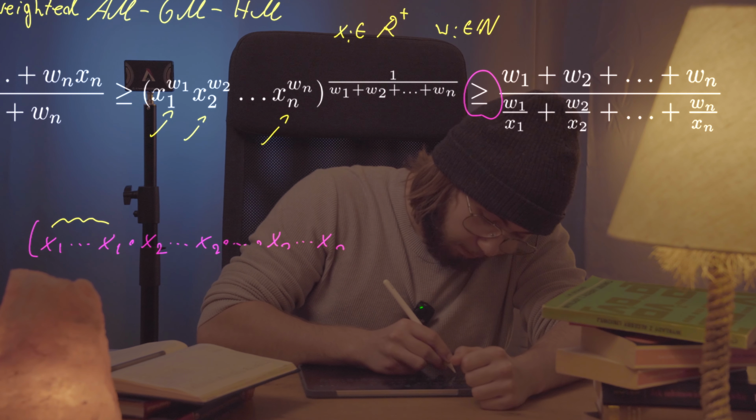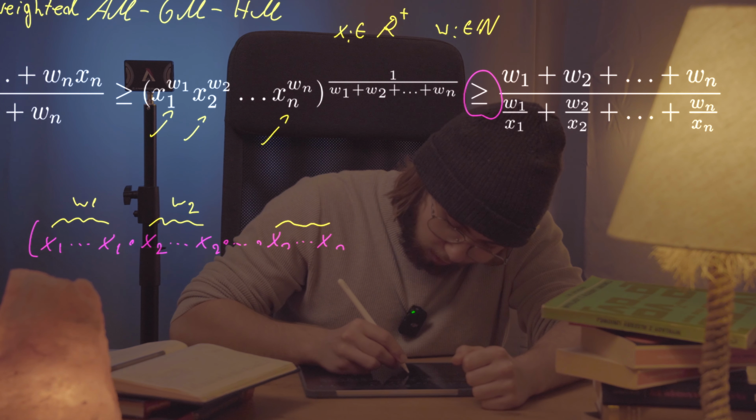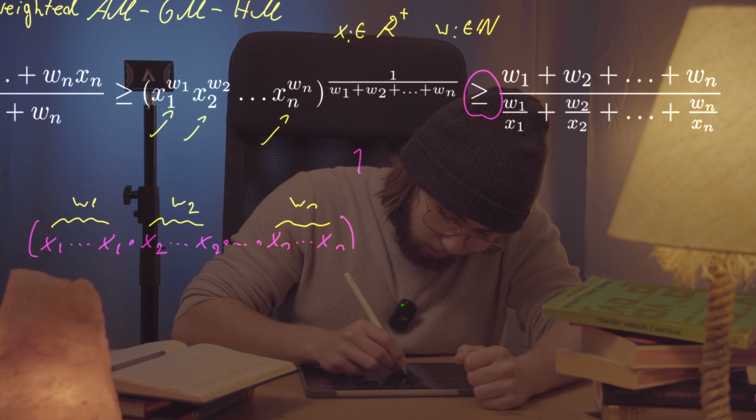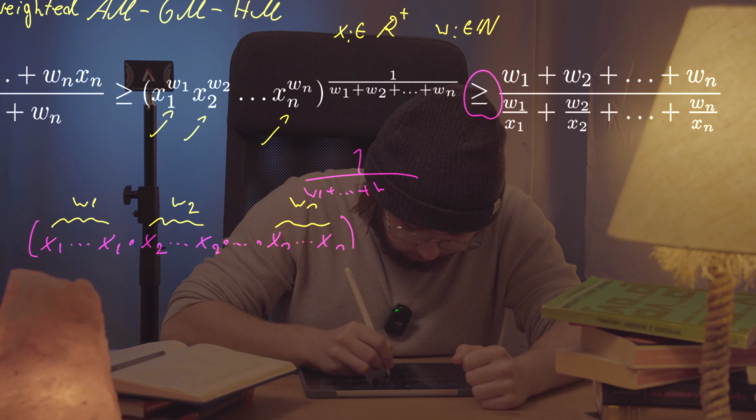Those counts are w1 for x1, w2 for x2, and wn for xn. Then we raise this entire thing to the power of the sum of those w's.